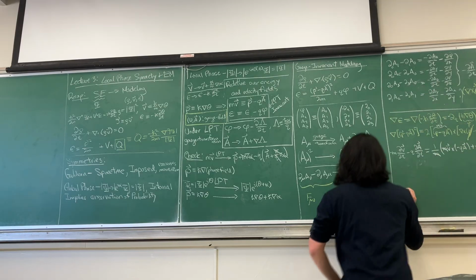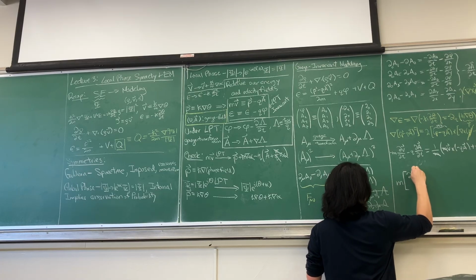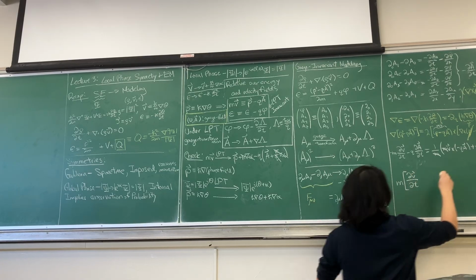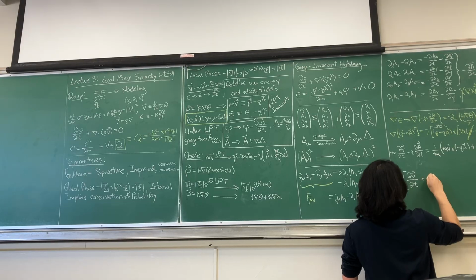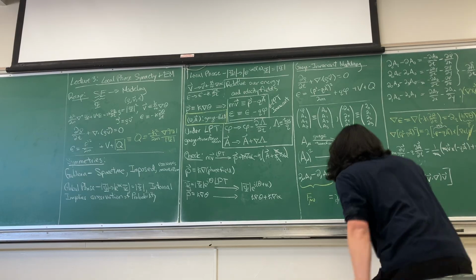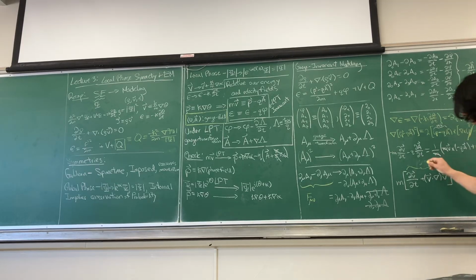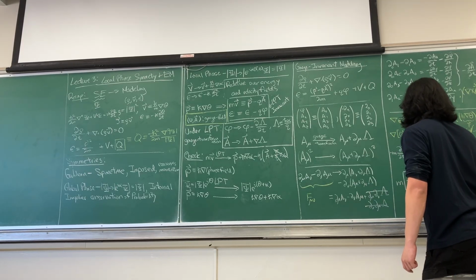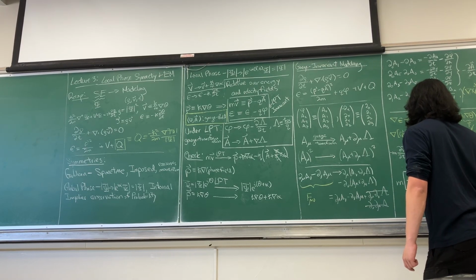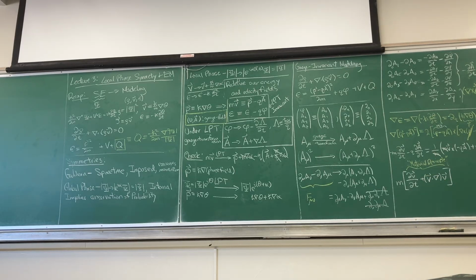So on this side, I have m times partial v partial t plus v dot nabla v, which you might recognize from lecture 2, is the so-called material derivative, or the convective derivative, which was the derivative that we needed when we described the force on a fluid, because the velocity field is varying.